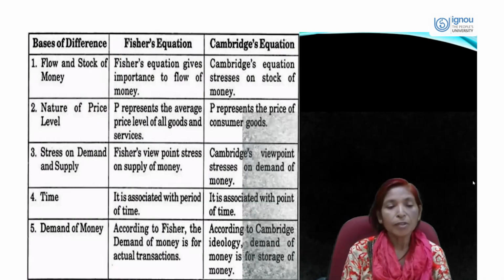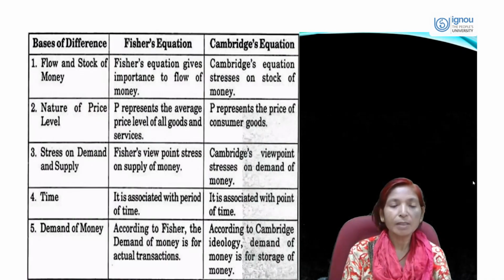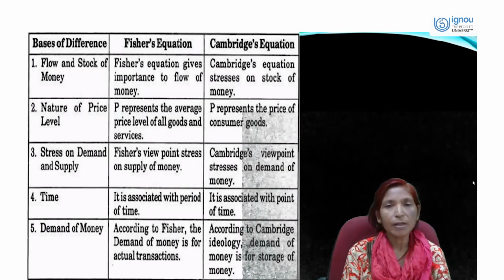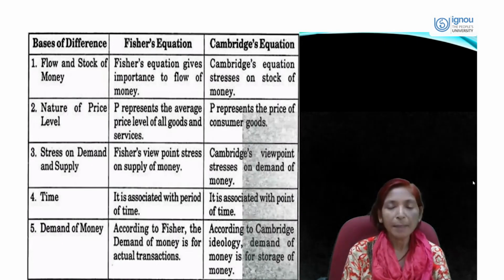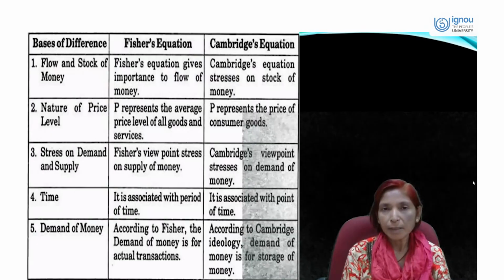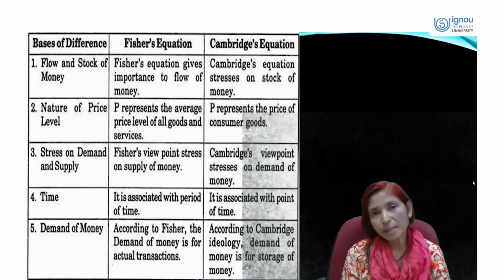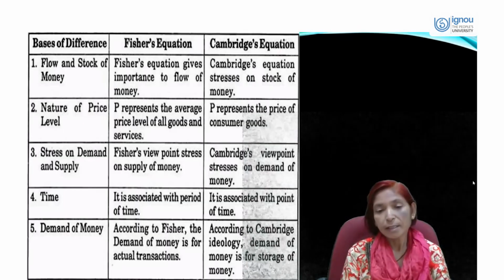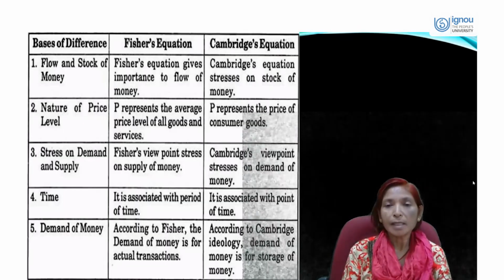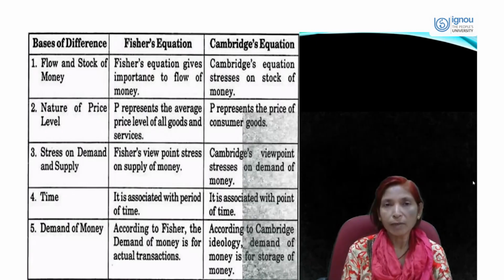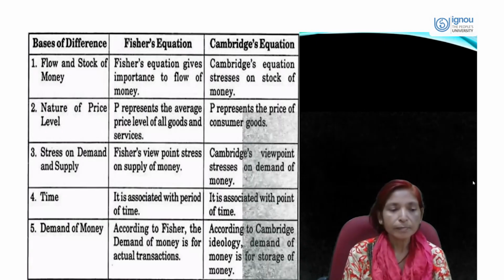So it is associated with a period of time because it is a flow concept. But national wealth, national capital, is a stock concept because it is related with a point of time or a specific time point. So a stock concept is associated with a point of time.